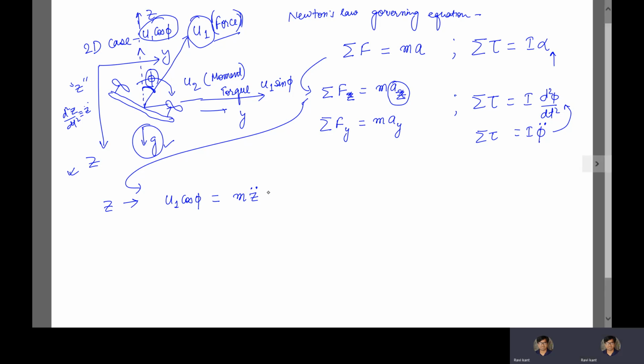Since we have taken z down as positive, we should write it this way.